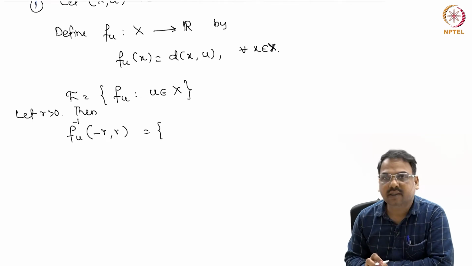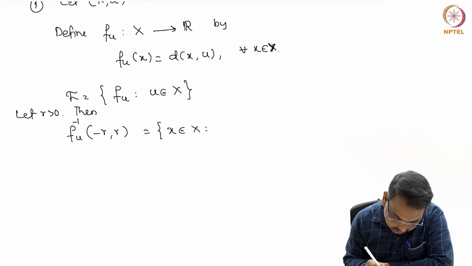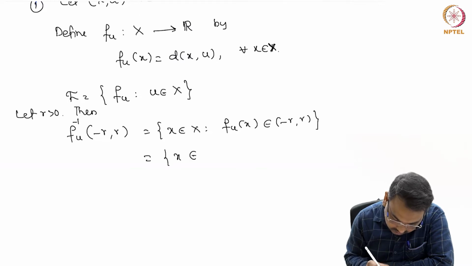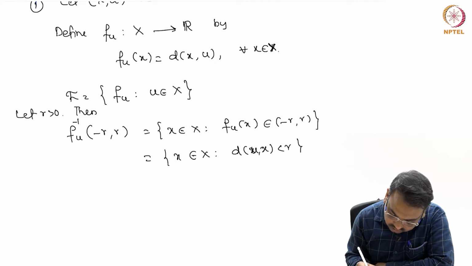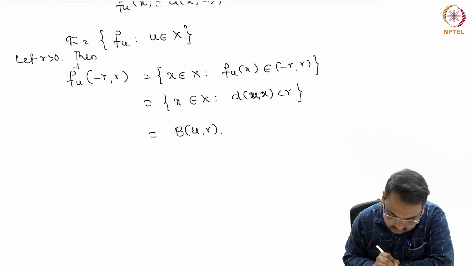It is of the form (minus r, r). So this is the set of all x such that f_u(x) is in this interval. This is the set of all x in X such that d(x, u) is less than r, and this is nothing but the ball centered at u with radius r.